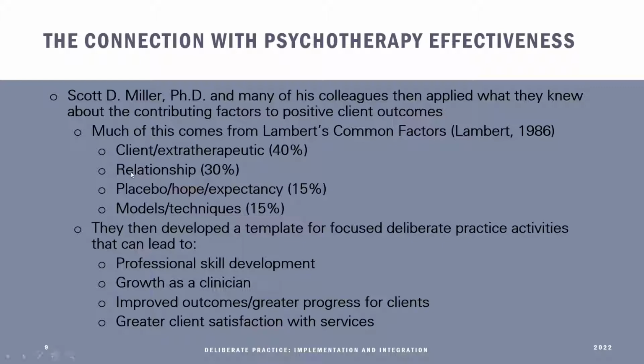Then 30% of the contributors to positive client outcomes is the relationship between the client and the clinician. So the therapeutic alliance. That's a big chunk, a significant portion of what can affect positive results for clients. Then there's also a placebo effect and hope and expectancy, which we can have some control over.